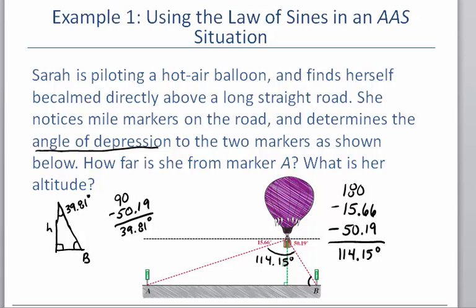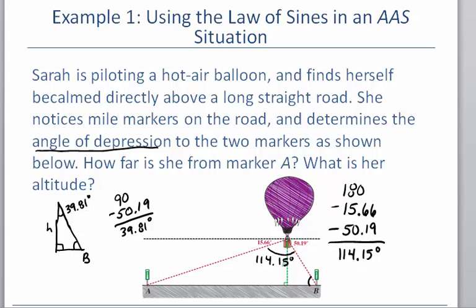39.81 degrees. We know we have a 90-degree angle here at the bottom, which now gives us two of the three angles in the triangle, and we can go in and find the third one.